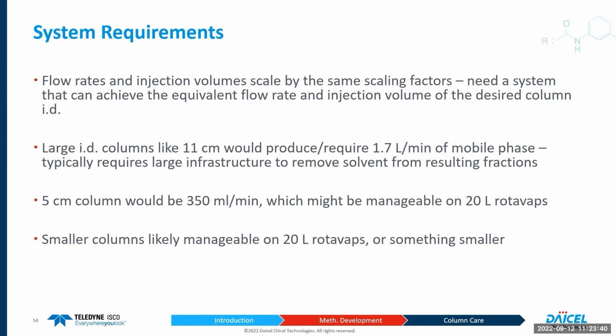Larger ID columns, you're going to be generating a fair amount of solvent, certainly much less in SFC than you would be under LC conditions, but you want to make sure that you have the infrastructure to be able to handle the solvent removal. So large ID columns are producing liters of solvent a minute, making sure that you have thin film evaporators or something that can handle that volume. 5 centimeter columns and smaller, 20 liter rotovaps or even benchtop rotovaps are much more manageable in those cases.